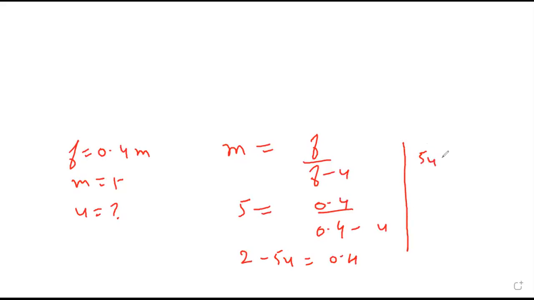Therefore 5u equals 2 minus 0.4. 5u equals 1.6. u equals 1.6 upon 5, that is 0.32. Option 2.